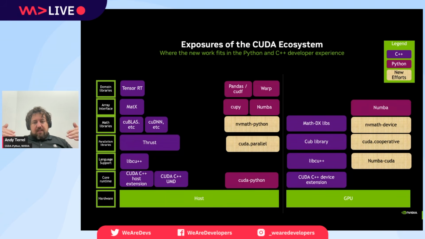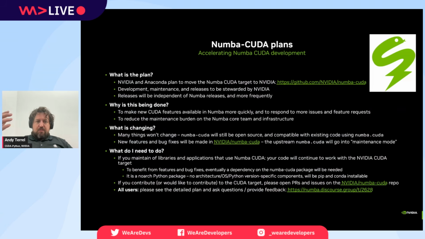Now we'll tackle the language support, because one of the biggest problems we've had is that language support in CUDA doesn't always mirror the language support of the surface language. Even in C++, we have libcu++ to add exceptions and other nice parts of the C++ language. We have to bring that exposure into CUDA the same way. So we've introduced a new library called Numba CUDA.